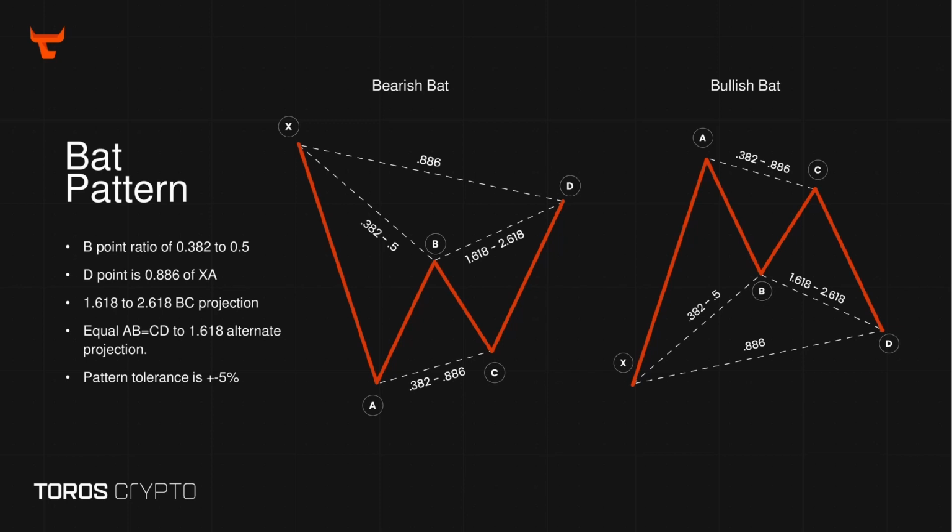The C must be above the A, and how we maintain this is we look for a retracement between 0.382 and the 0.886 before we go back up to the D point. The B to C projection again is the 1.618, and we have our ABCD structure here. And yeah, the X to A retracement is the 0.886. So each pattern has a pattern tolerance, and for the bat, it is a plus or minus 5% tolerance.